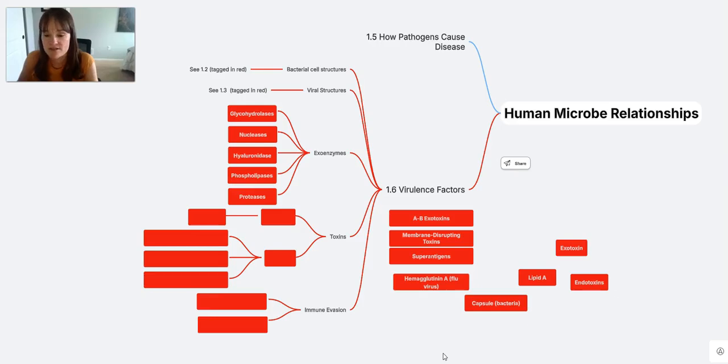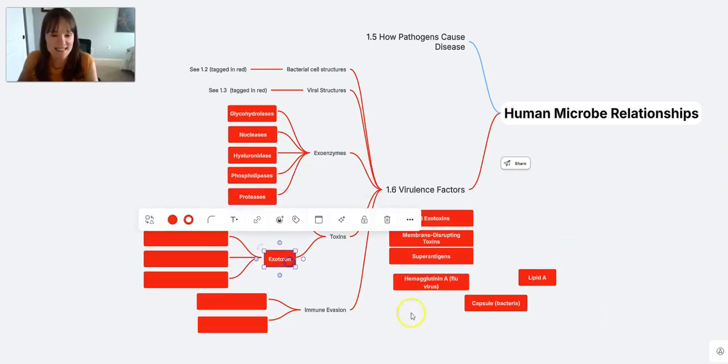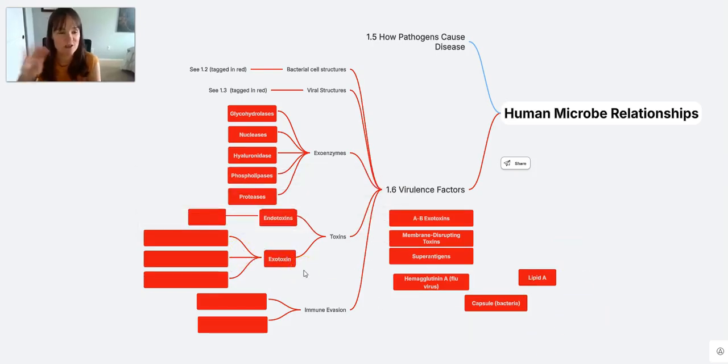Okay, if you're not ready, pause the video. Otherwise, let's check. So we have endotoxins. And we have exotoxins. Endo meaning inside and exo meaning externally. These often are created by the pathogen and then can secrete throughout the blood and cause serious systemic issues.